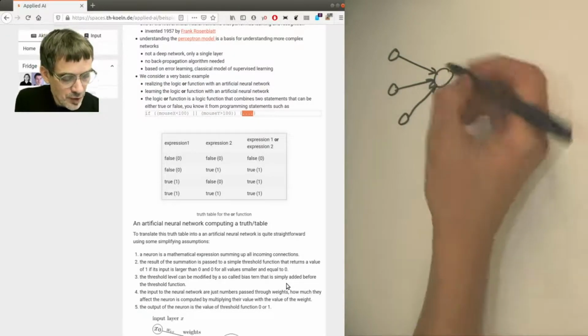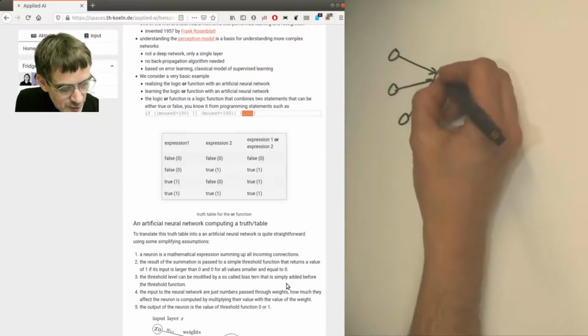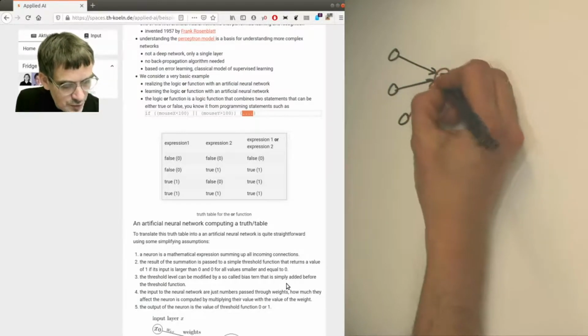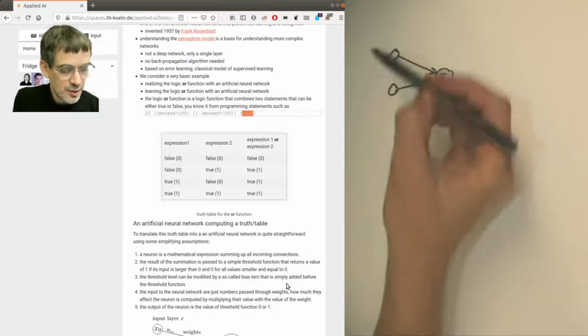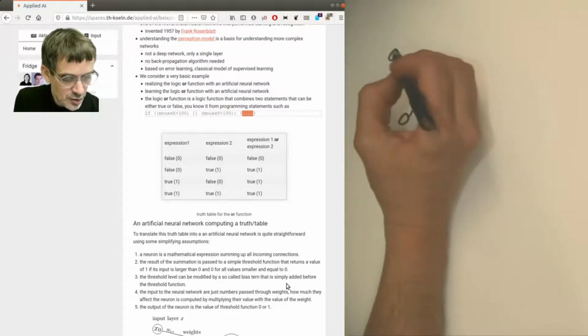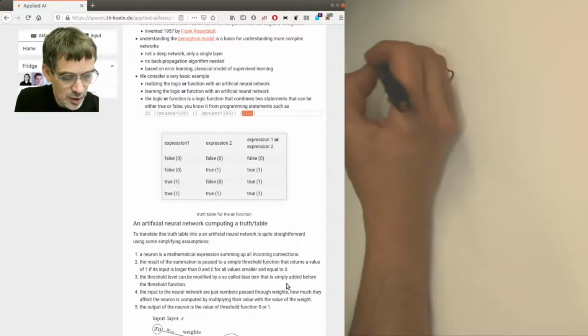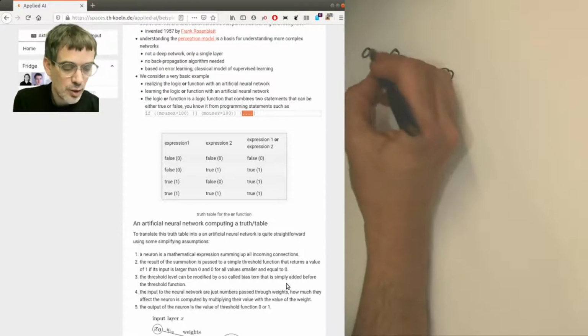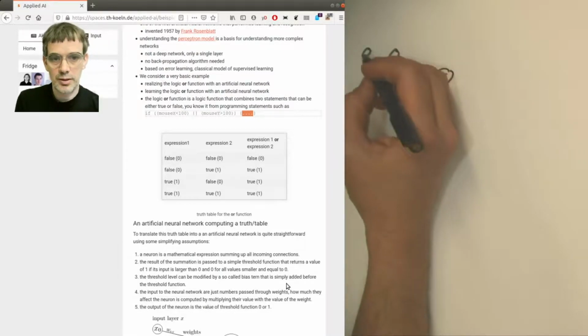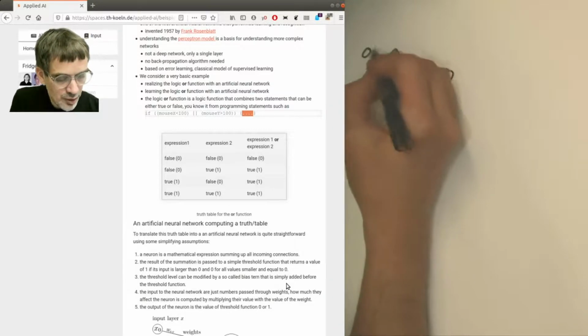And what happens at this level is that the neuron is summing up all these incoming signals. Incoming signals means that, for example, here we feed in some number. For the logic OR we can assume that it's either 0 or 1, so we can just take Boolean values here.